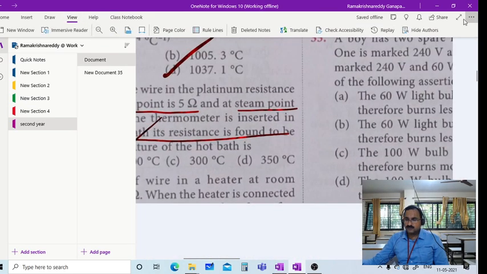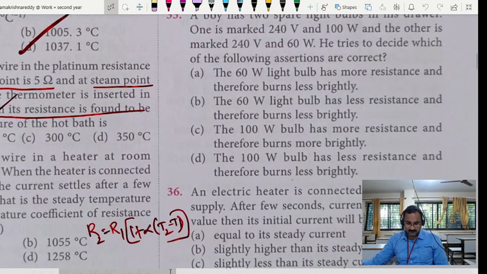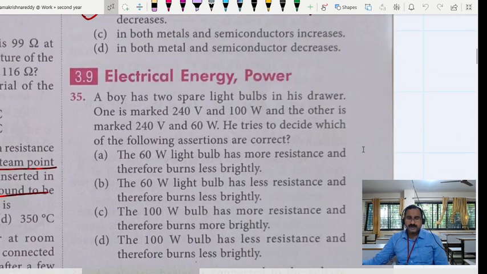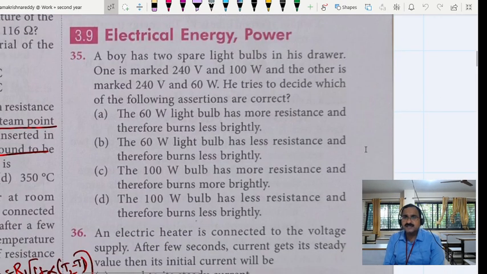Now see the question they are giving to you. A boy has two spare light bulbs in his drawer. One is marked 240 volt and 100 watt, and the other is marked 240 volt and 60 watt. He tried to decide which of the following assertions are correct.